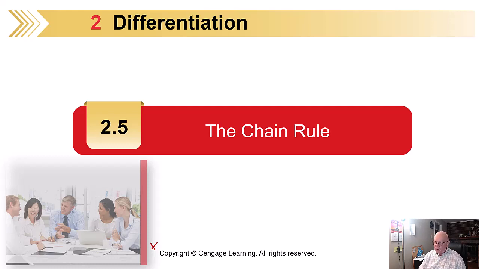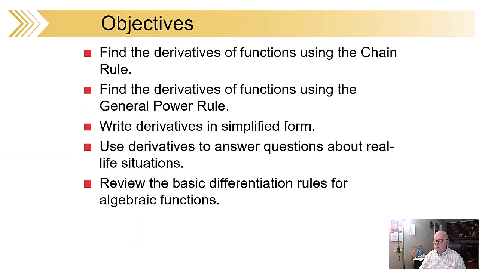And if you are up to speed on everything we've done so far in this chapter, you're going to enjoy this small challenge. So what about the chain rule? Well, we're going to find derivatives of functions using this chain rule. And we're going to use the general power rule, which is just an extension of the first rule we learned after using the definition, which of course you hated.